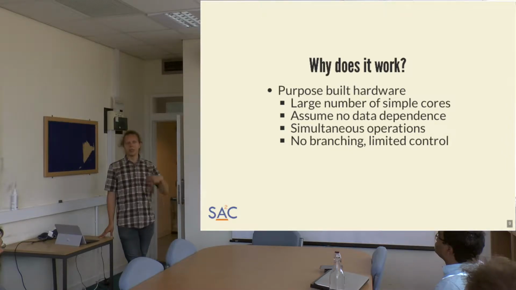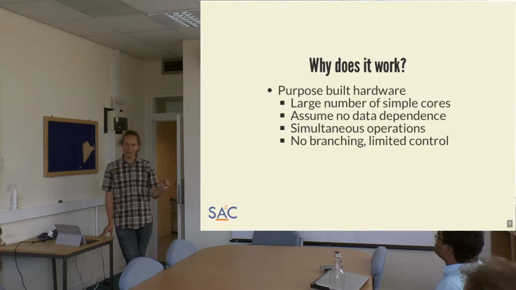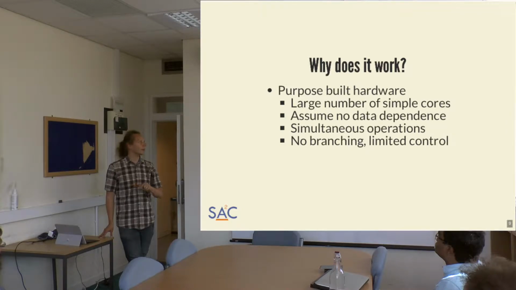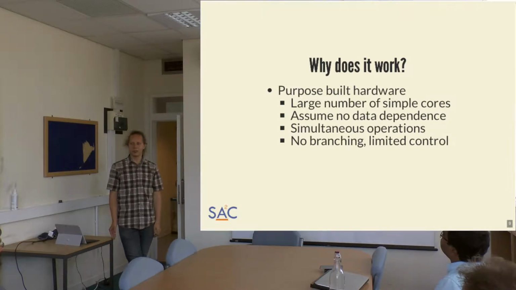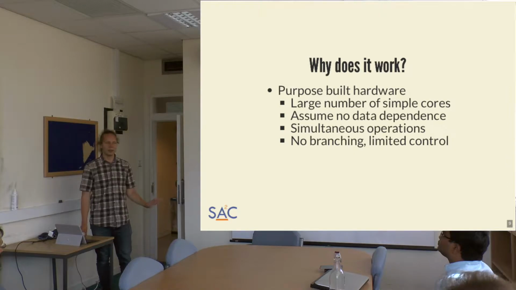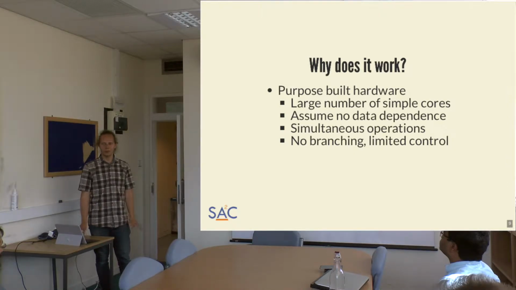You assume that the next pixel doesn't depend on the transformation of the pixel on the right, only the original value, not the transformed value. So you can do all the operations at the same time on separate small cores, and you have essentially no branching in the kernels. Branching is pretty bad. And you have limited control, meaning program flow control, instead of for loops.